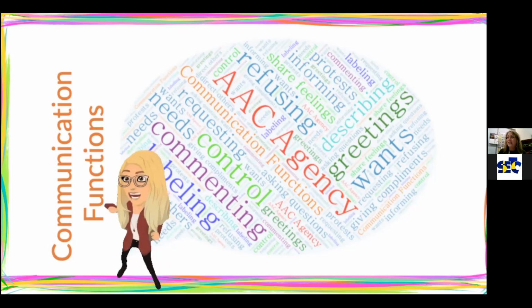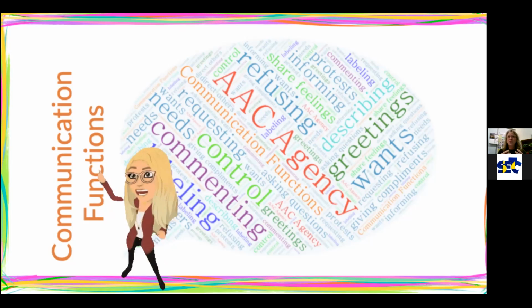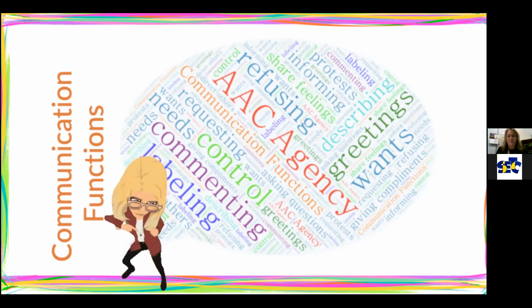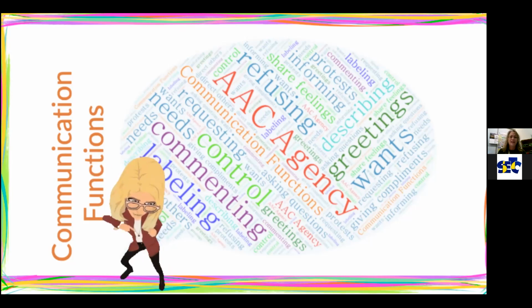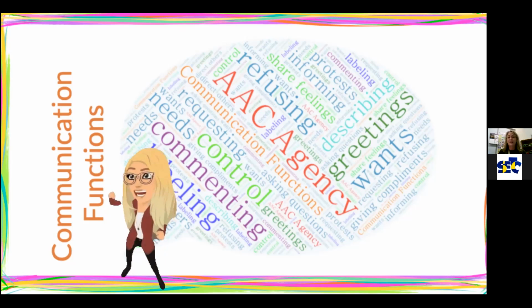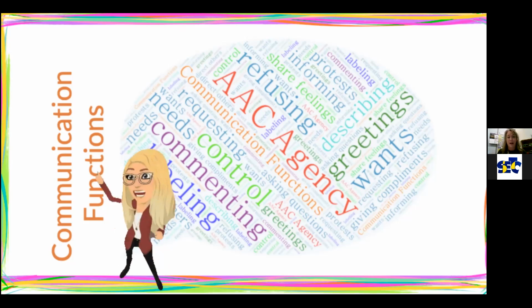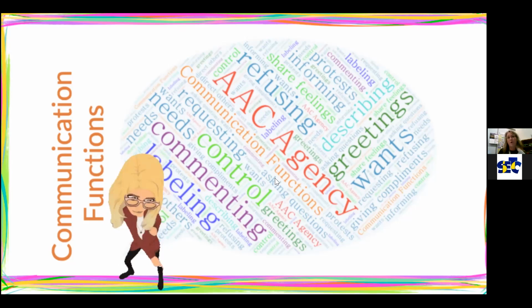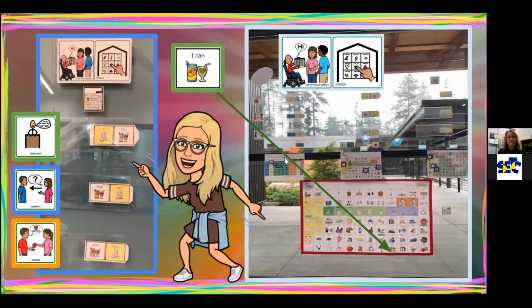If we are going to be honest and really bring to heart the communication bill of rights, we need to set up these communication functions to give control, to have greetings, commenting, protesting, informing, sharing feelings. It's just not about requesting and getting your wants and needs met, just eating or just going to the bathroom. So when you're setting up core words, it's important to also have this idea of communication functions.